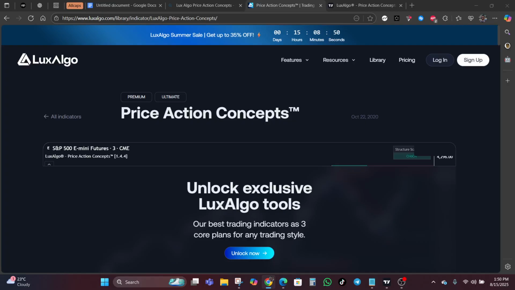In this video we are just going to be discussing one of the most advanced tools for chart analysis, and that is the Lux Algo price action concepts. We're going to be looking at it in the light of one of the best smart money concepts indicators.